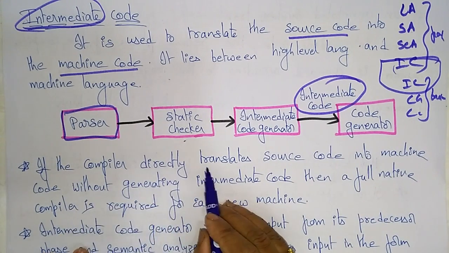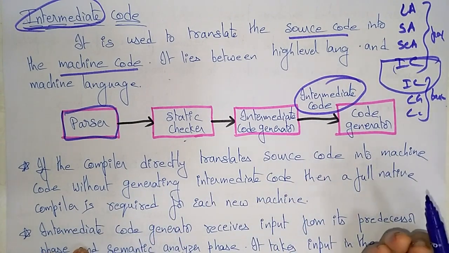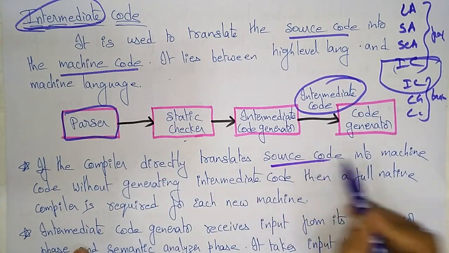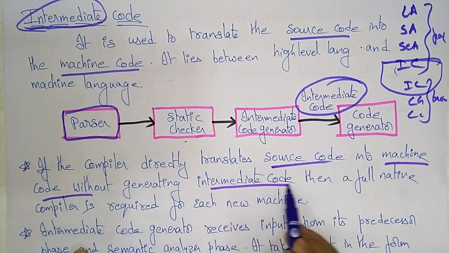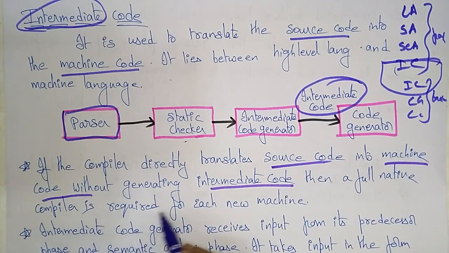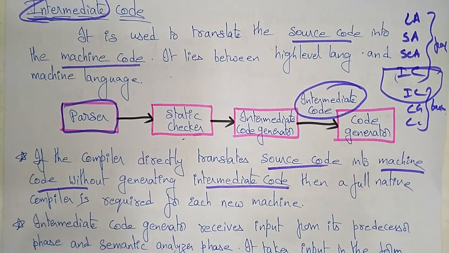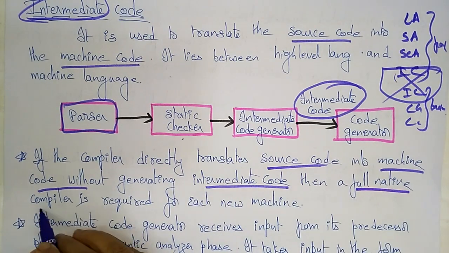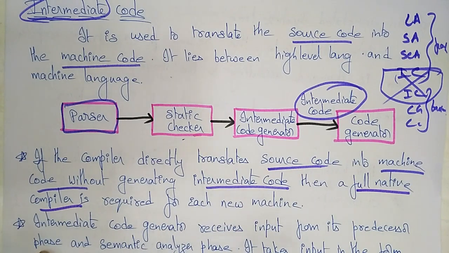So if the compiler directly translates the source code into machine code, let's take if the compiler is going to directly transfer from source to the destination, so source code to machine code without intermediate code, then a full native compiler is required for each new machine. Suppose there is no intermediate code in the compiler, then for each and every machine you are taking, a full native compiler is required.